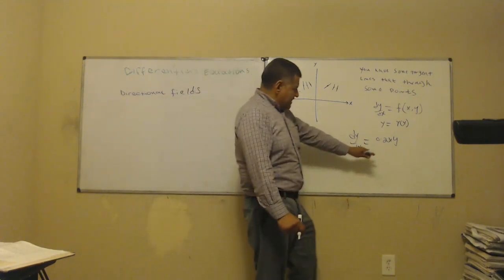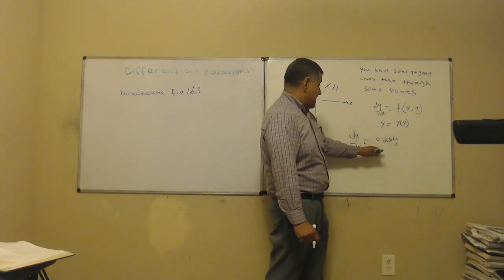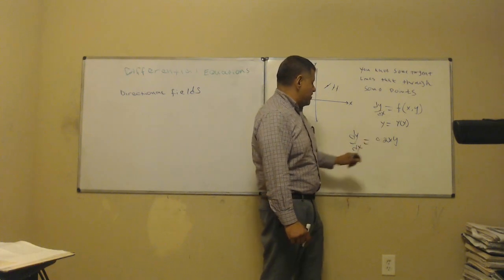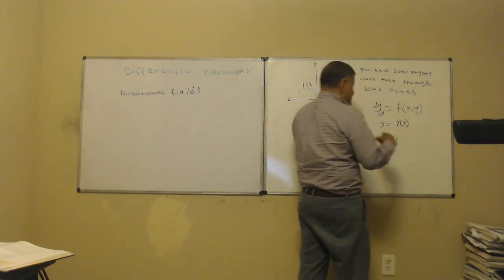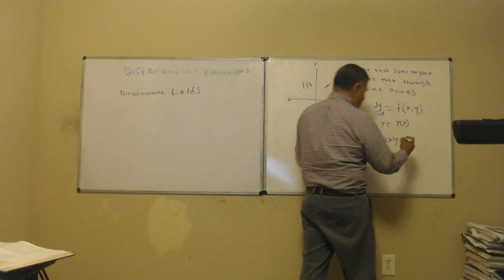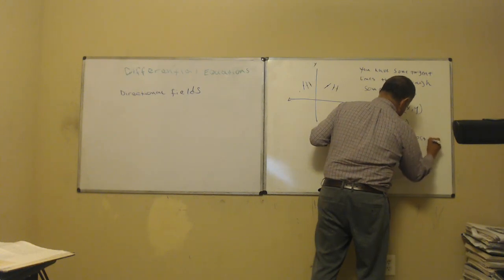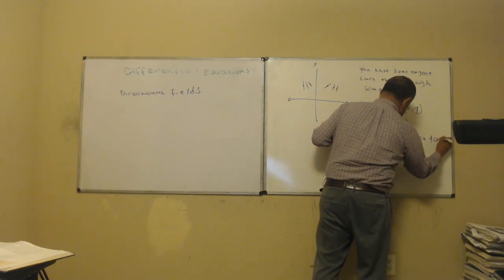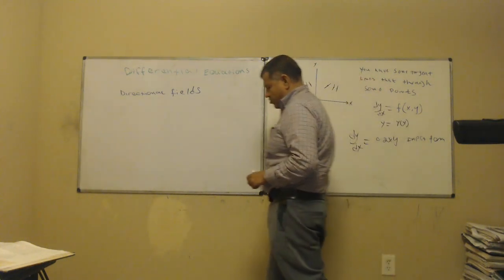As you know, this side depends on two variables, which is given to us in implicit form.